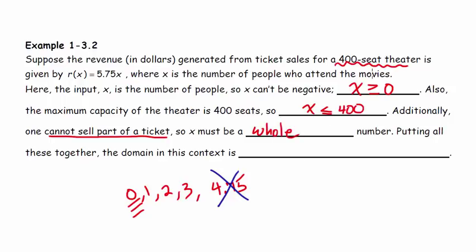Okay, so putting these 3 pieces together, we know x is greater than or equal to 0, but less than or equal to 400, and it must be a whole number. We cannot sell half of a ticket or part of a ticket. So my domain here is x is greater than or equal to 0 but less than or equal to 400, where x is a whole number.